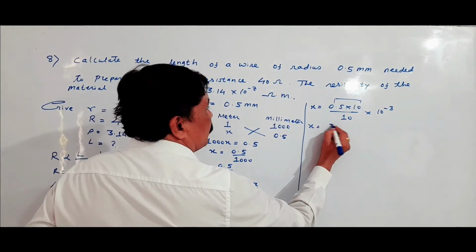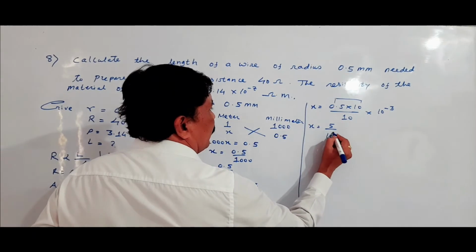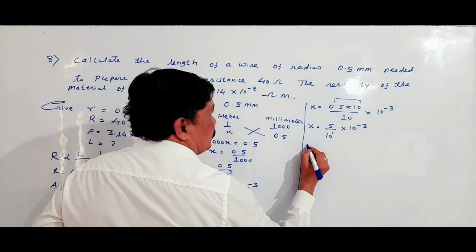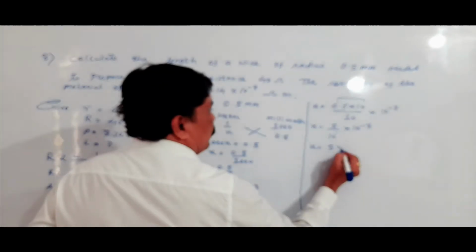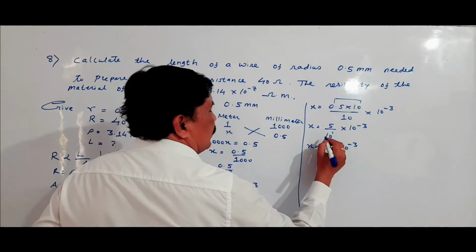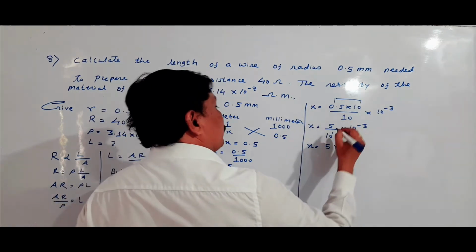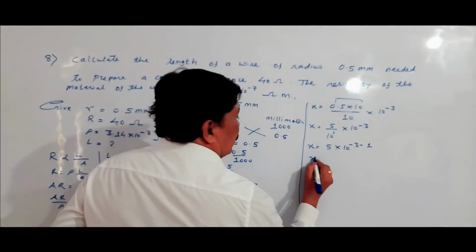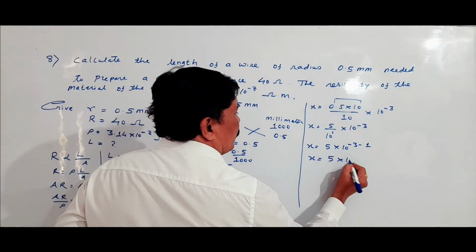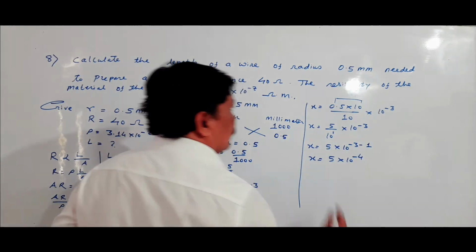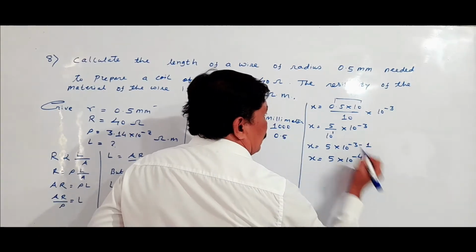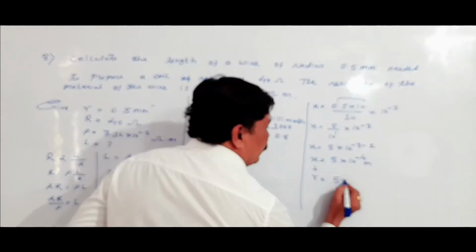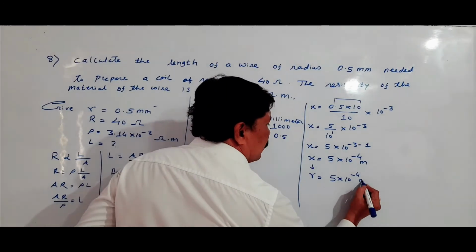So x is equal to 5 upon 10 into 10 to the power minus 3. X is equal to 5 into 10 to the power minus 3 into 10 to the power minus 1. This minus will go, this 1 which is plus will go up and become minus. X is equal to 5 into 10 to the power minus 4 meter. But what is x? Radius. So r is equal to 5 into 10 to the power minus 4 meter.